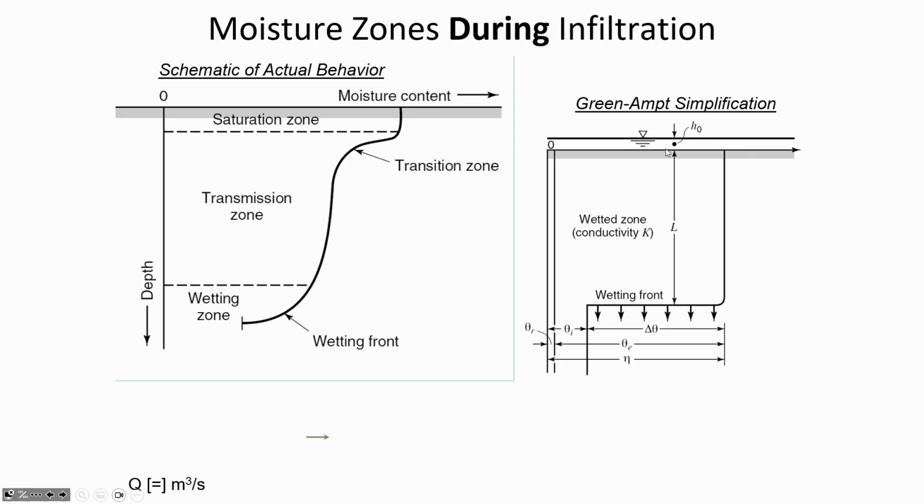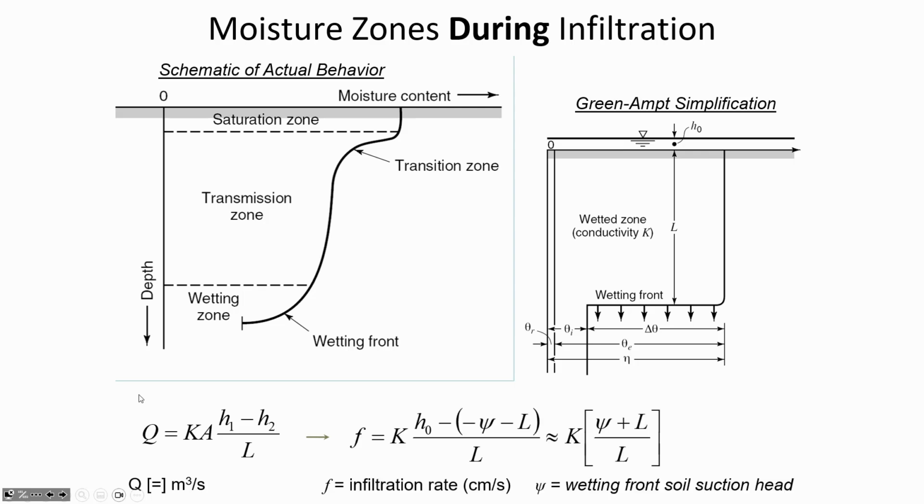So here at the surface, there's some ponding. So H naught is the depth of ponding at the surface. And we know that the soil has some hydraulic conductivity. And if we apply the Darcy equation to this approach of a wetting front, what are the factors that drive wetting?